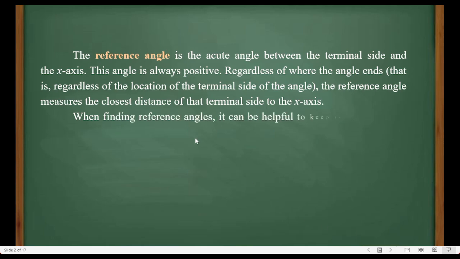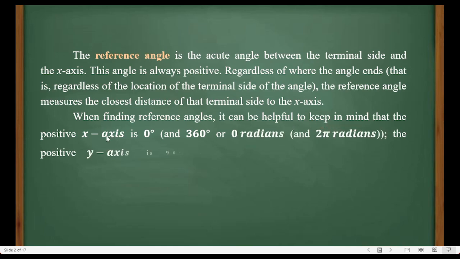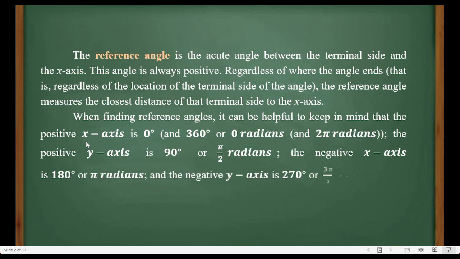When finding reference angles, it can be helpful to keep in mind that from the Cartesian plane or the rectangular coordinate axis, the positive x-axis is labeled as 0 and 360 degrees.